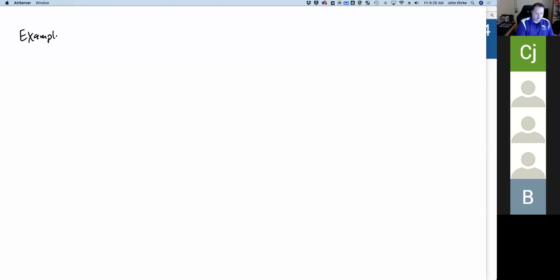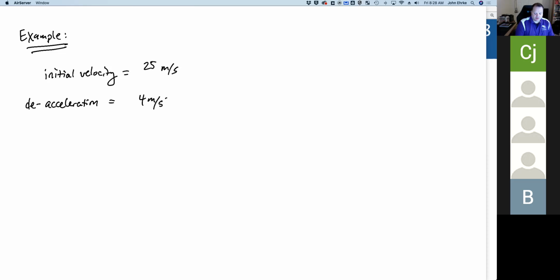So let's think about everything that we're given here. The initial velocity of the car is 25 meters per second. The acceleration of the car is, and it's actually deceleration, 4 meters per second squared.